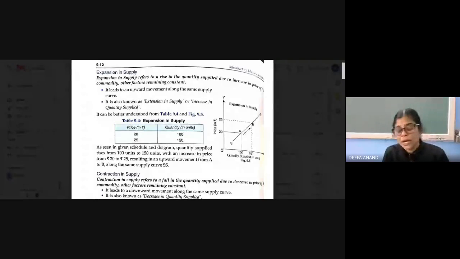Write the two other terms used for this: extension in supply or increase in quantity supplied.